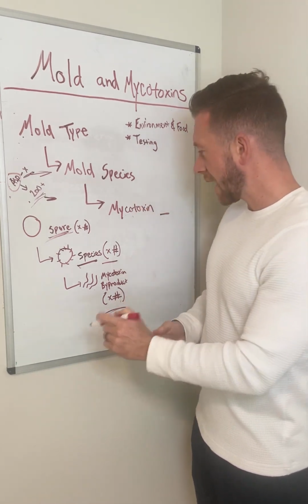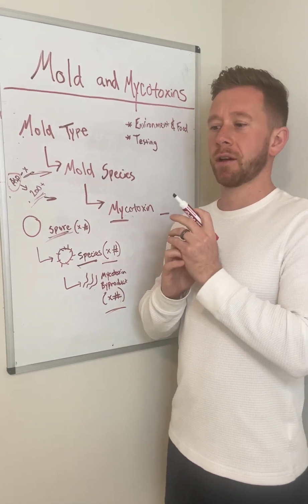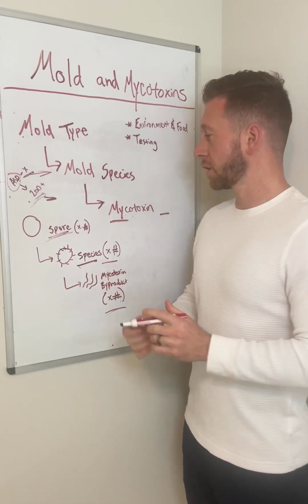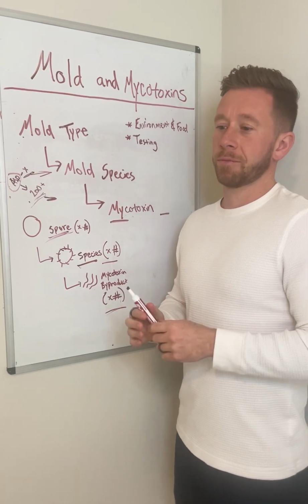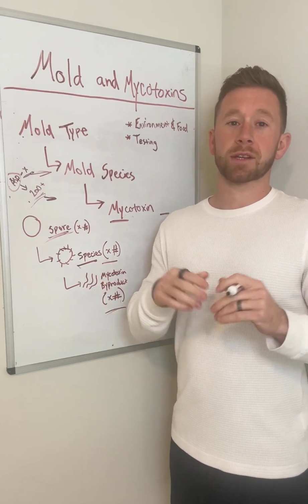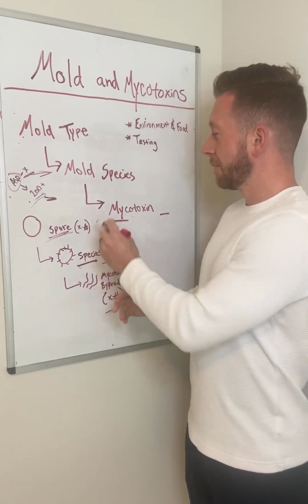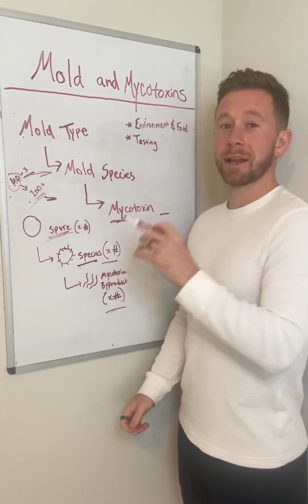If you're gonna go test for a mycotoxin in your house, it is a very hard thing to locate, because you can only collect a certain amount of dust throughout the house, and you're hoping that you're collecting maybe a place where mycotoxins got either dispersed, moved around. It's a much more difficult type of test to identify.